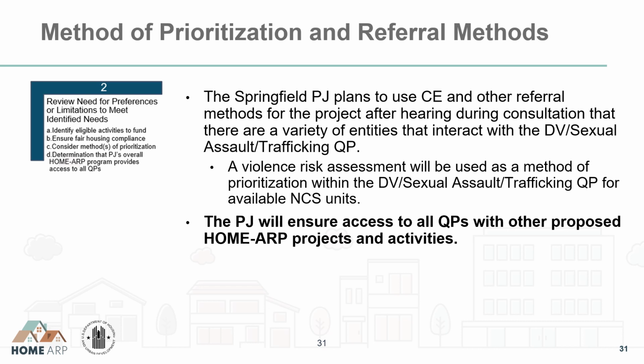A violence risk assessment will be used as a method of prioritization within the DV Sexual Assault Trafficking QP for available non-congregate shelter. The PJ will ensure access to all QPs with other proposed HOME-ARP projects and activities.